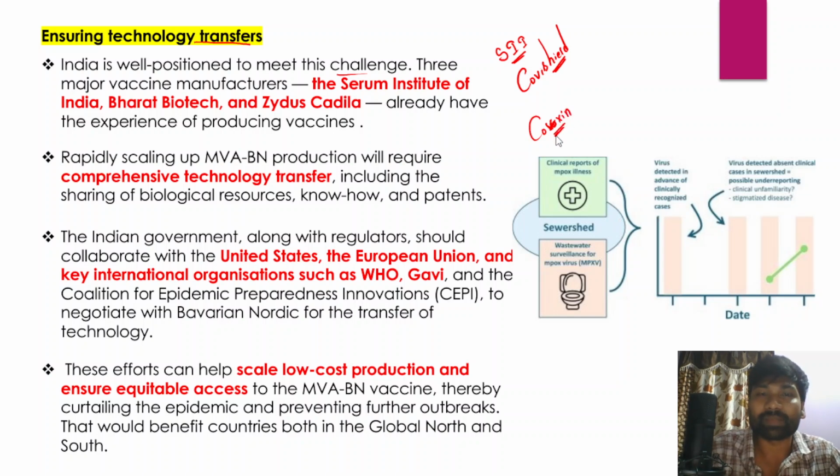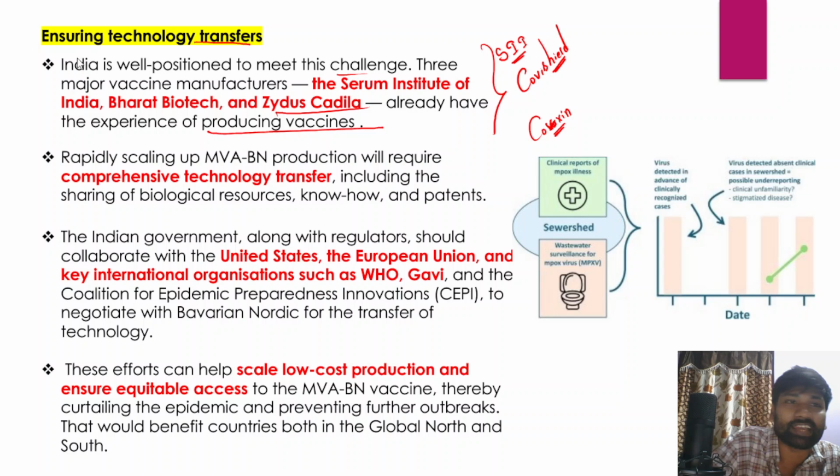All these vaccine manufacturers can play a very important role. Apart from that, there is also another vaccine manufacturer, Zydus Cadila. They already have huge experience and expertise in producing vaccines, and this expertise can also be leveraged to produce the mpox vaccine on a mass scale.